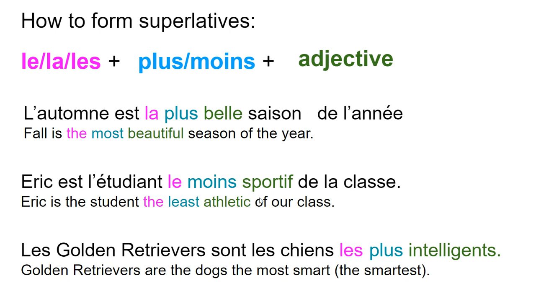But notice here how sportif is not a BAGS adjective. So we will put it after the noun. Okay, so we're comparing Eric the student being athletic to the rest of the class. So sportif is not a BAGS adjective, so it came after the noun étudiant.